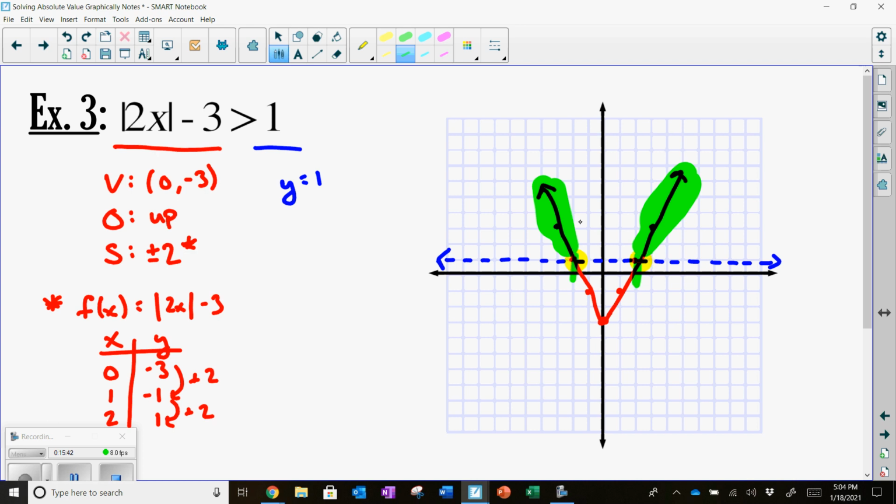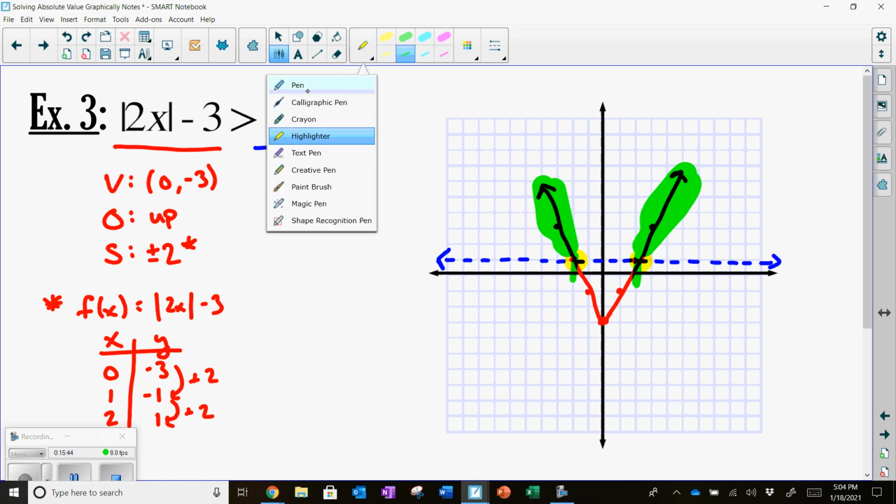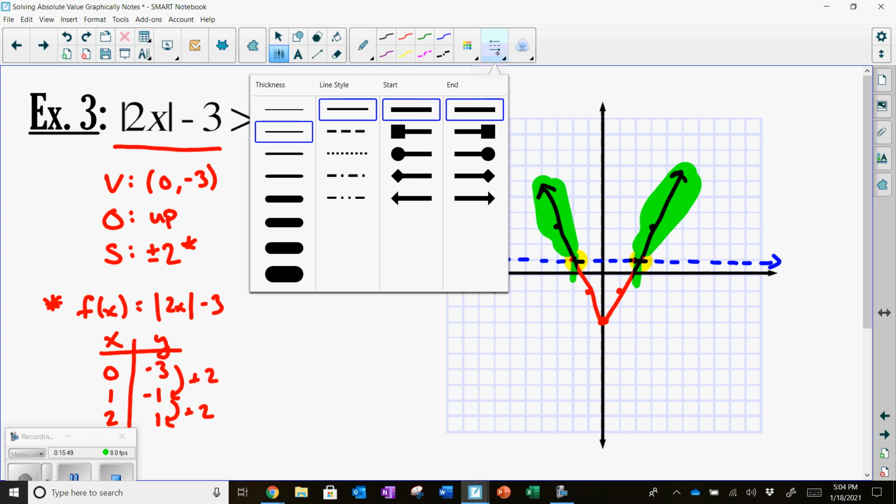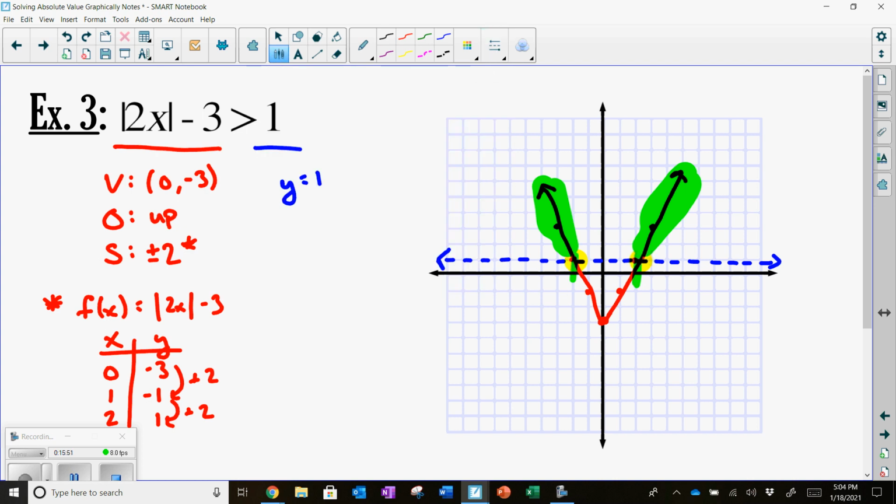This over here is -2, and this one over here is +2. You see how it's above it on this side? That means everything to the left of -2, the red line is above the blue line. So that's going to be from -infinity up until -2.